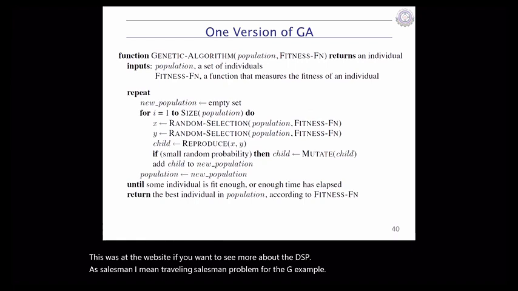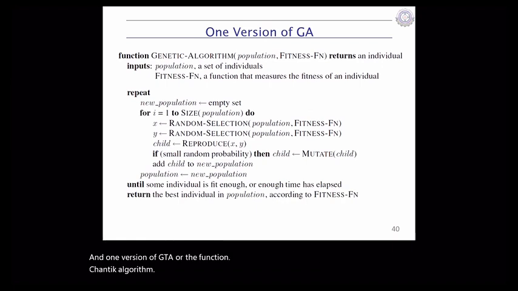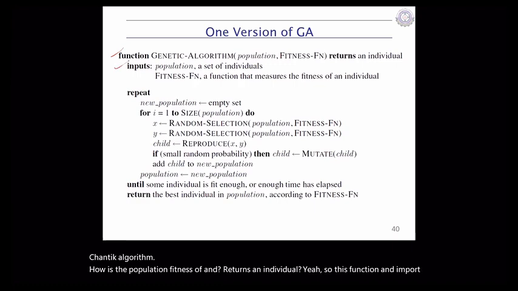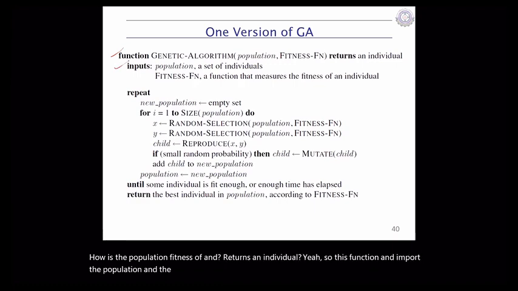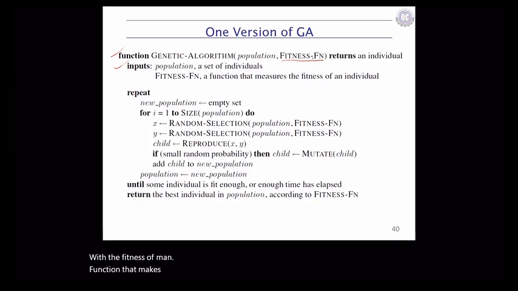And one version of GA is the function genetic algorithm, with inputs population and fitness function FN, which returns an individual. The input is the population, a set of individuals, and the fitness function FN that measures the fitness of an individual.